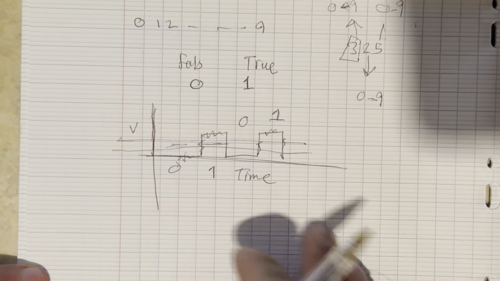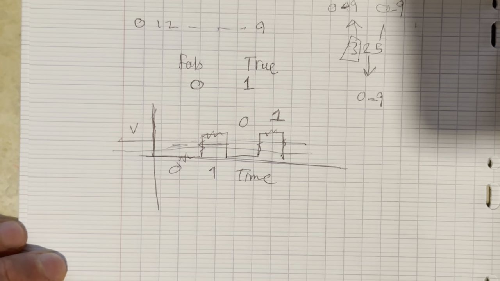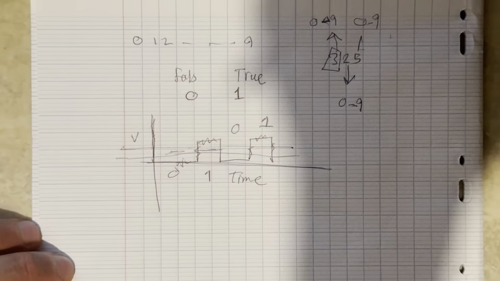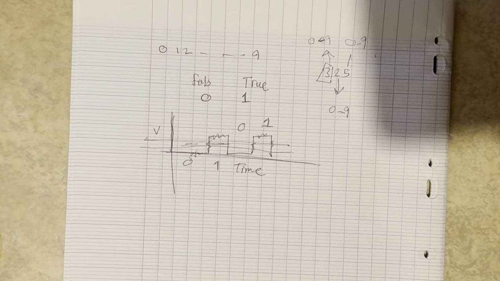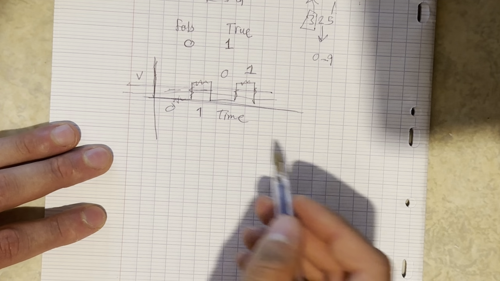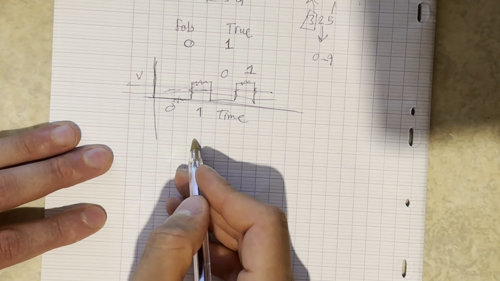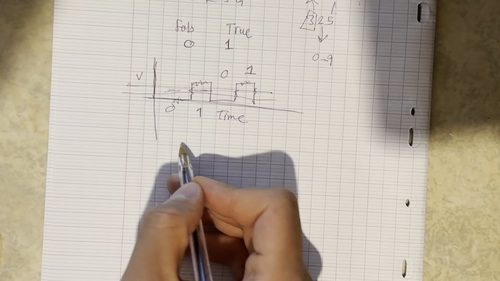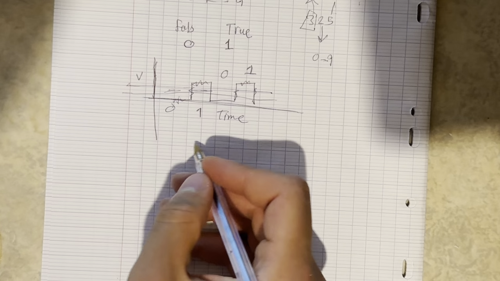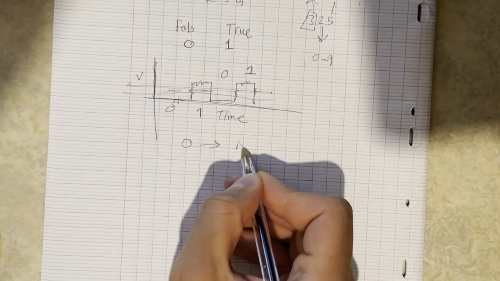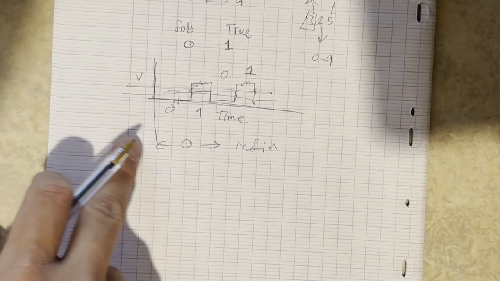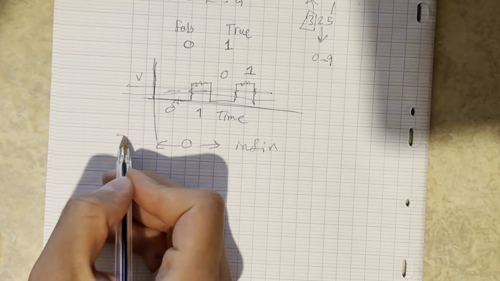We have already created a number system for the machine to understand, that can count any number from 0 until infinity, or also minus infinity.